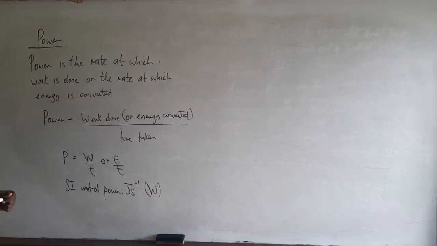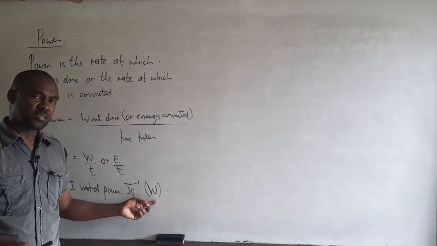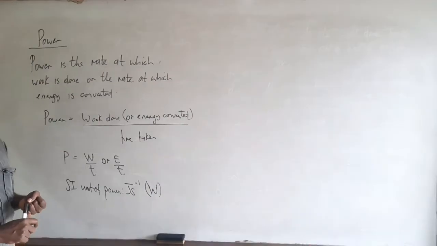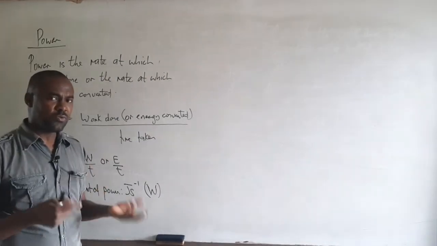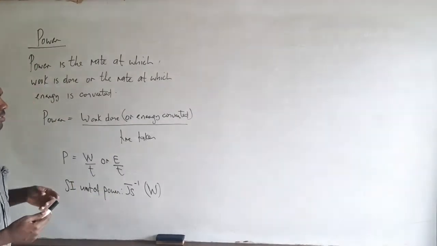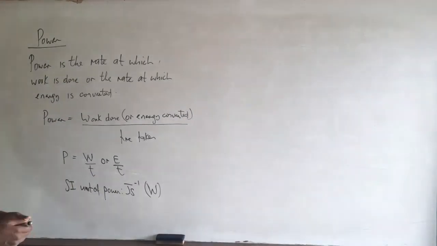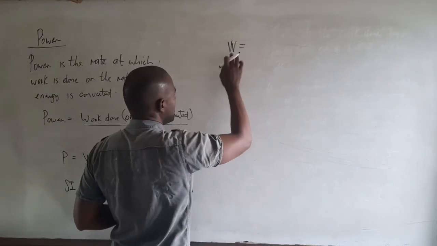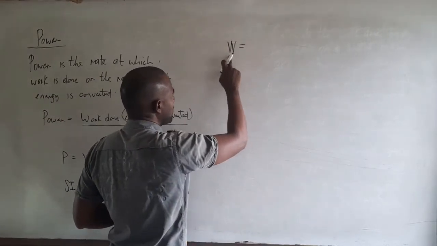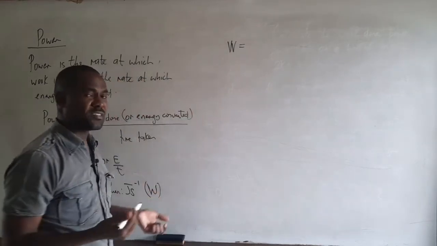Now you should not be confusing the W for work with the W for watt, because one is a symbol for a physical quantity and the other is a symbol for a unit, and they usually appear on different sides of the equal sign. So for instance, if you see something like W equals, then this could never be watt, because this is representing a physical quantity.